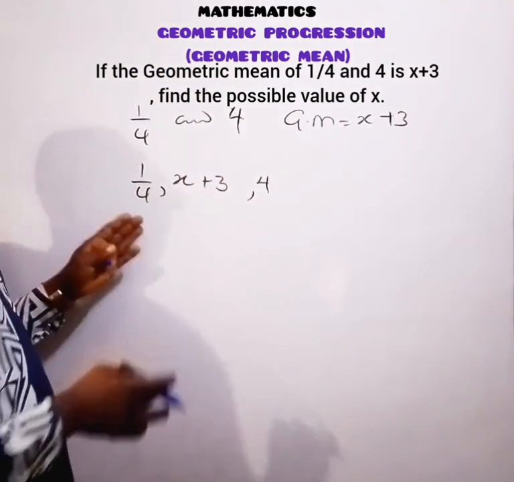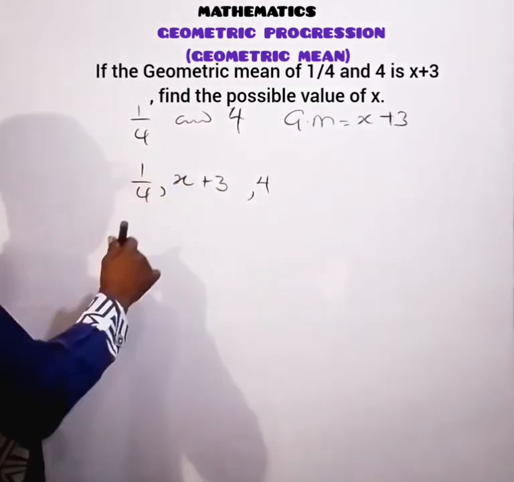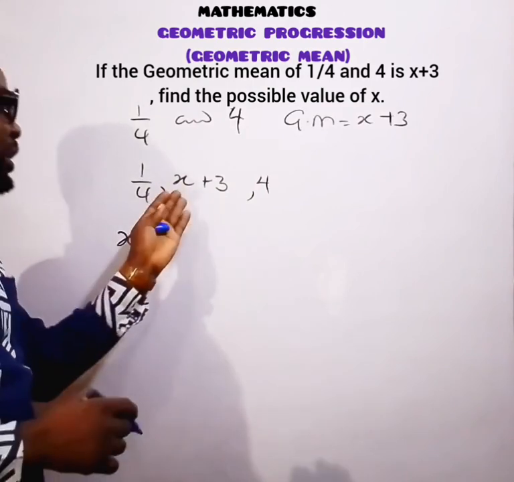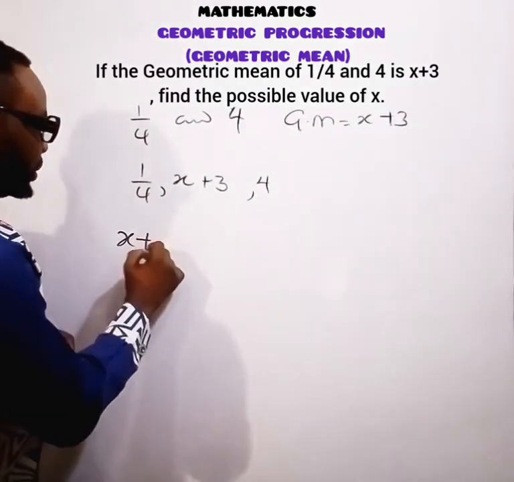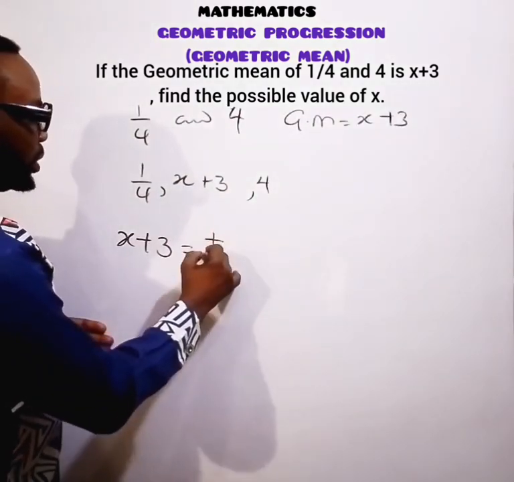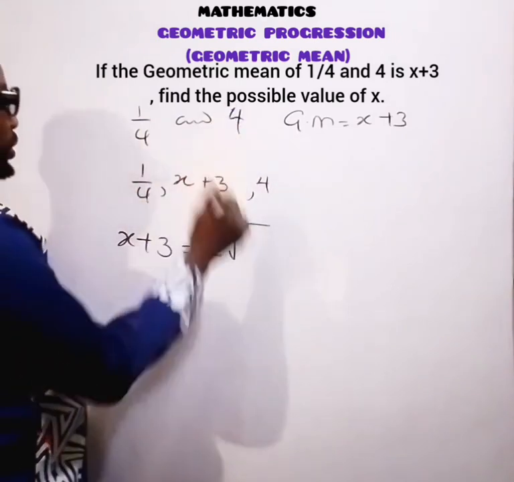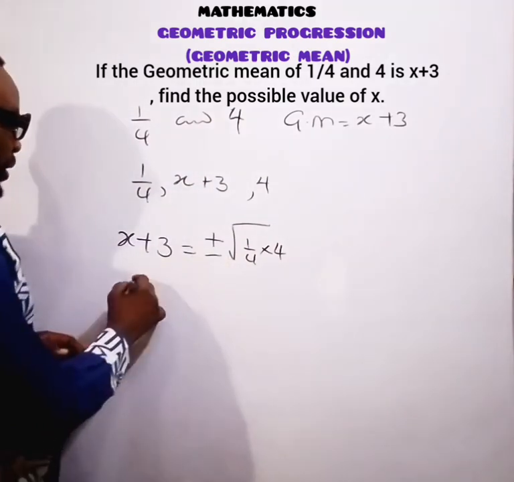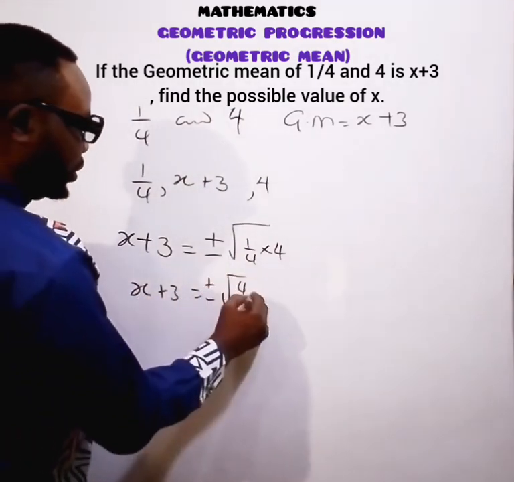Now, we are asked to find a possible value of x. According to the geometric mean formula, the value in the middle, x plus 3, will be equal to plus or minus the root of the multiplication of these two values given to us. That will be 1 over 4 multiplied by 4. So you're having x plus 3 equal to plus or minus root of 4 over 4.